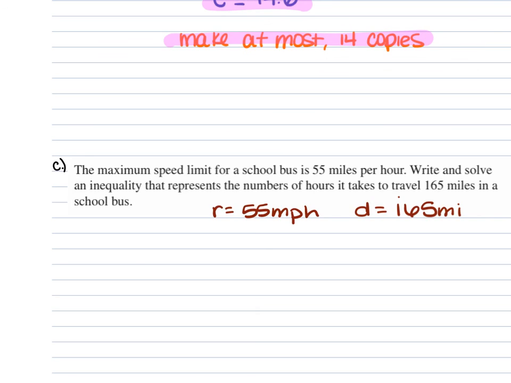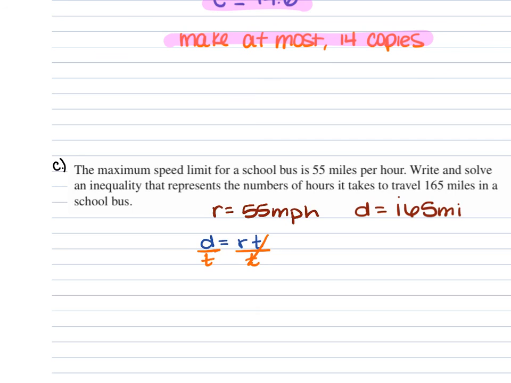Our formula for distance is equal to your rate times your time, but it tells you the maximum speed limit for a school bus, so it can't go over that. So if we want, we can do this to where our distance is divided by our time to get our rate. So our rate is no more than the 55 miles an hour.